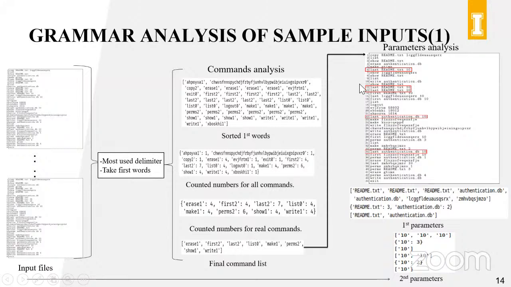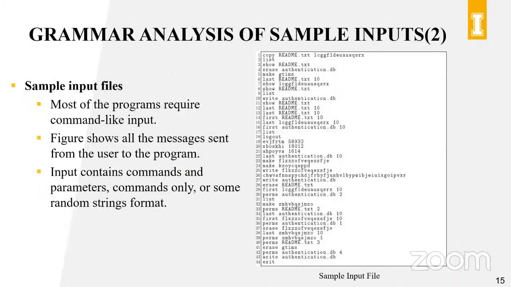Then after that, we do the parameter analysis, which consists of finding the parameters or options that come after the command. So we are going to start with the first step, looking at the sample input file example here.